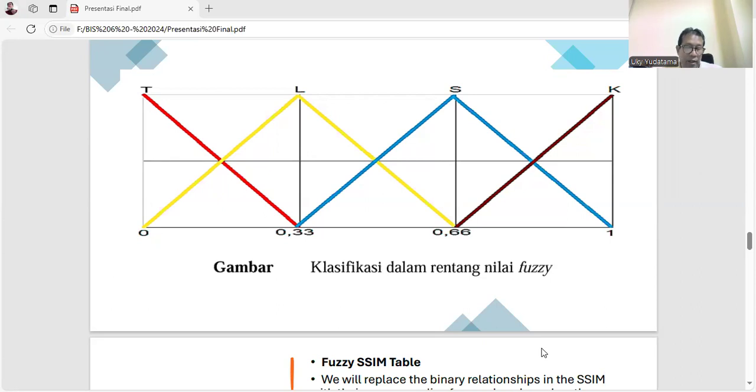The dark red section represents very strong influence, with the fuzzy value ranging from 0.66 to 1.00, indicating a highly significant influence between factors. The fuzzy value for this classification is 0.66, 1.00, 1.00. This classification helps in assessing and visualizing how strongly one factor influences another, offering a clearer picture of the relationships between various elements in the study.